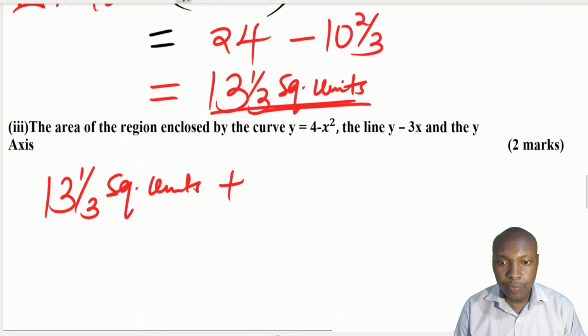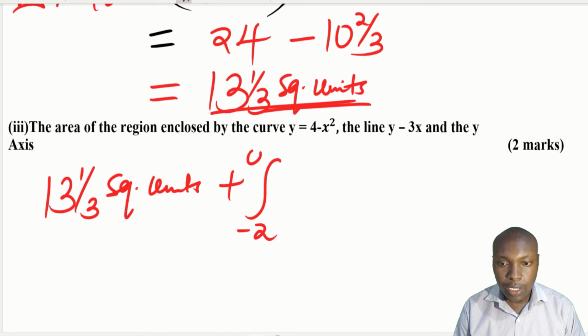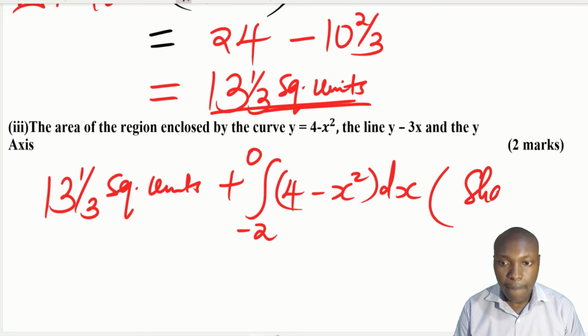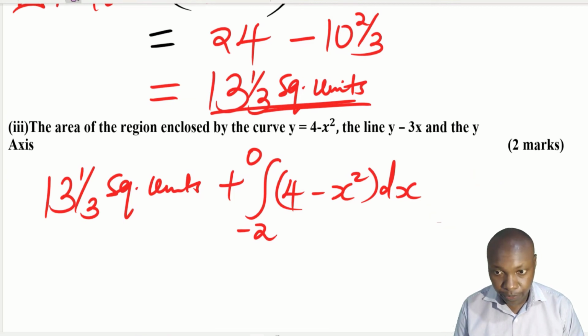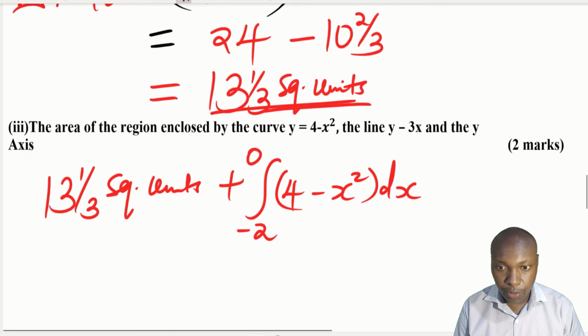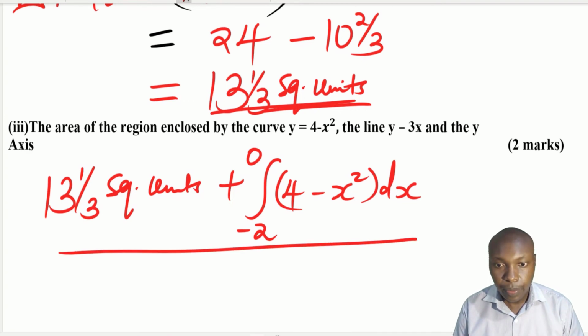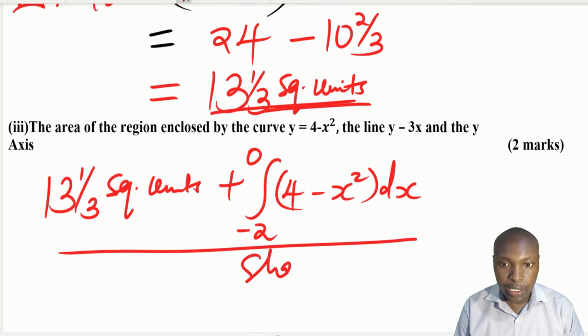We shall get it by integrating from negative 2 to 0 the equation of the curve, that is 4 minus x squared with respect to x. That is the shaded area above the x-axis. The whole of this is going to give us the entire shaded area in the diagram.